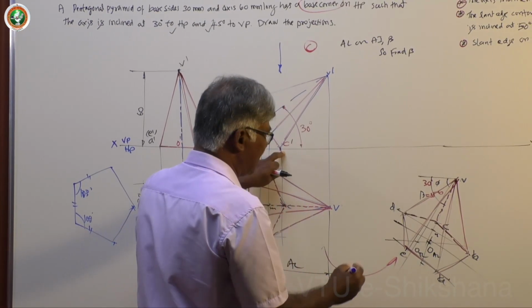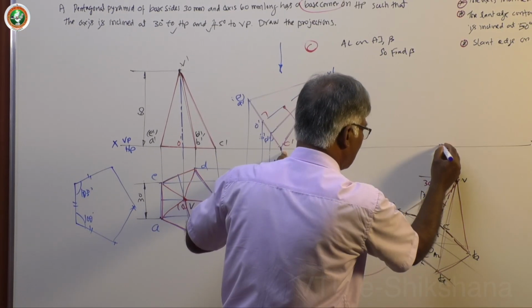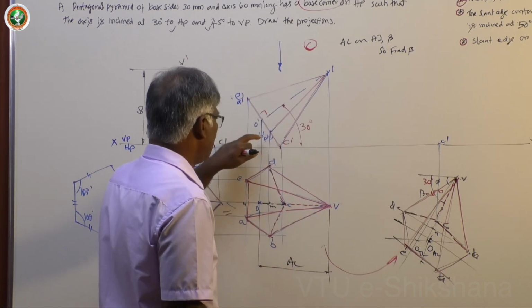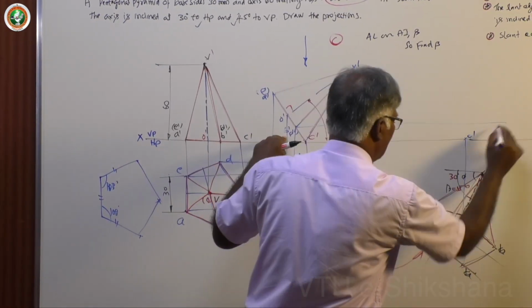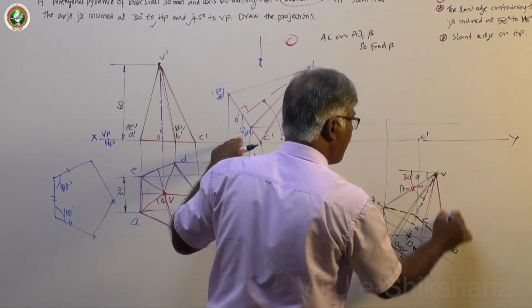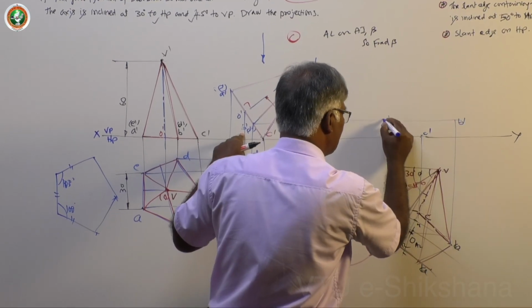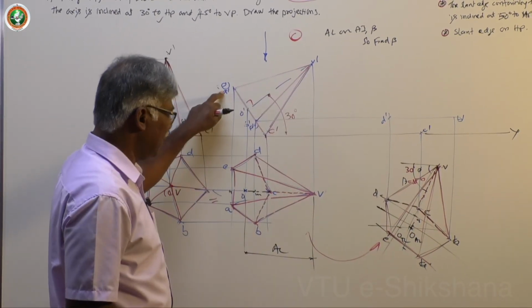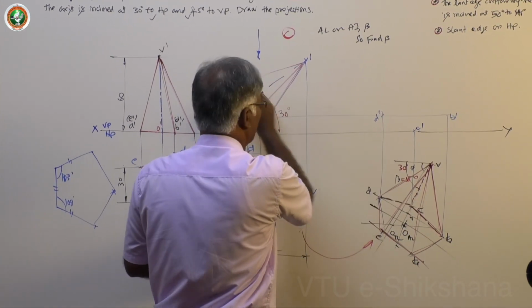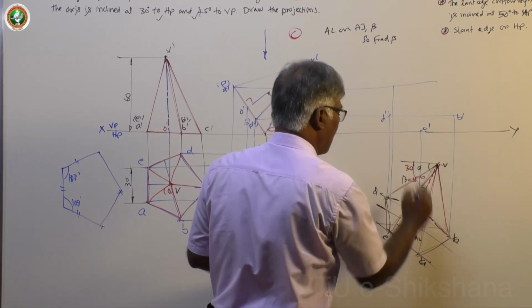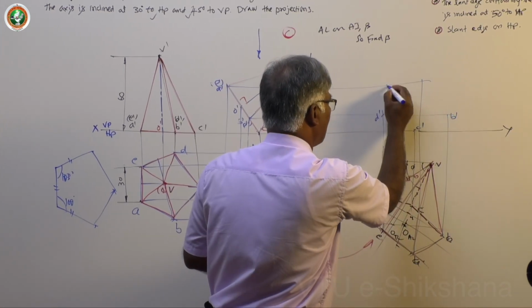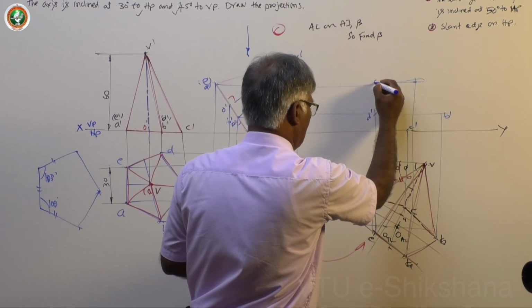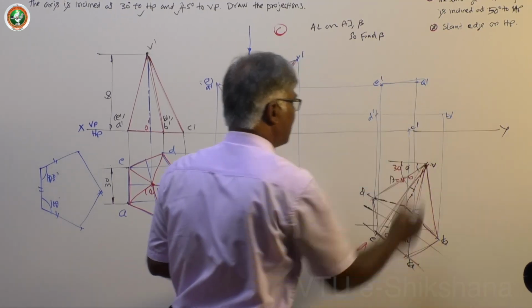Now let me mark C exactly on the XY line because it is on the ground, C dash. Next points are BD, this is B dash, this is D dash. Then AE, unnecessary lines you can avoid, this is E dash, this is A dash.